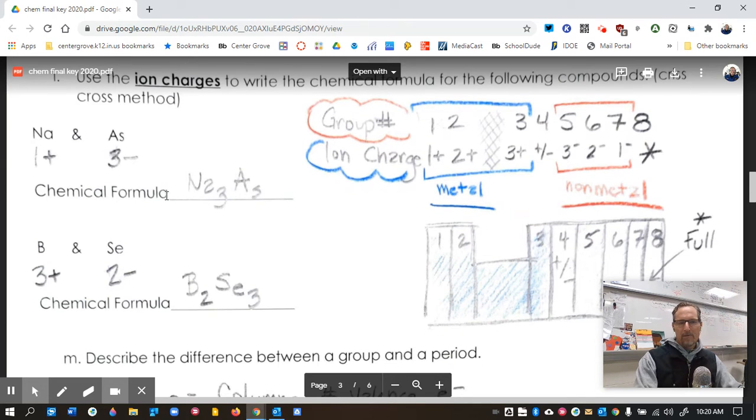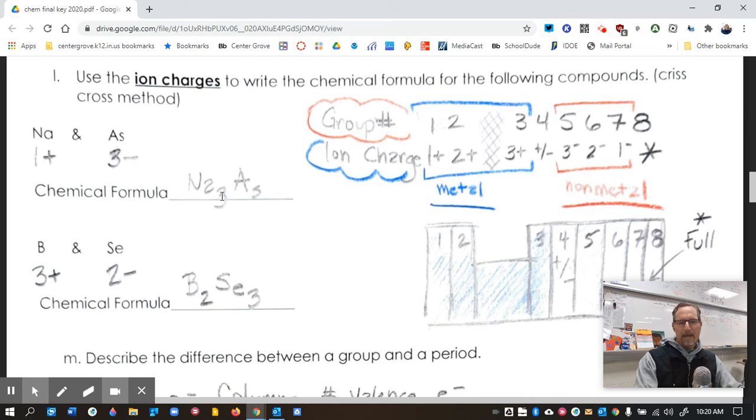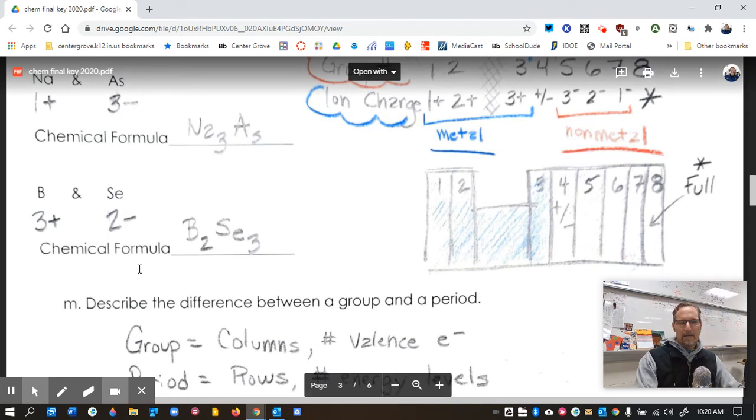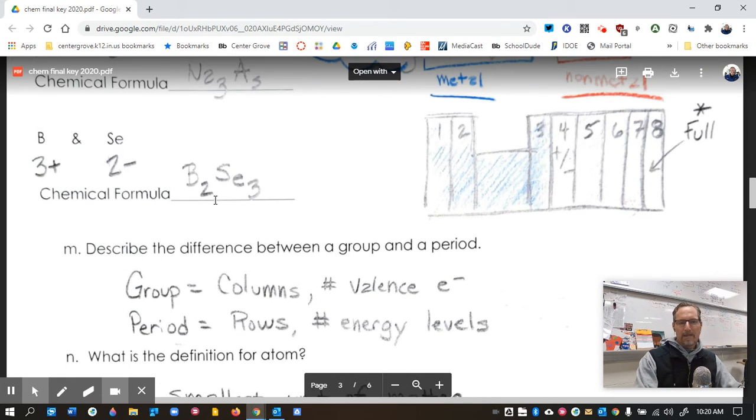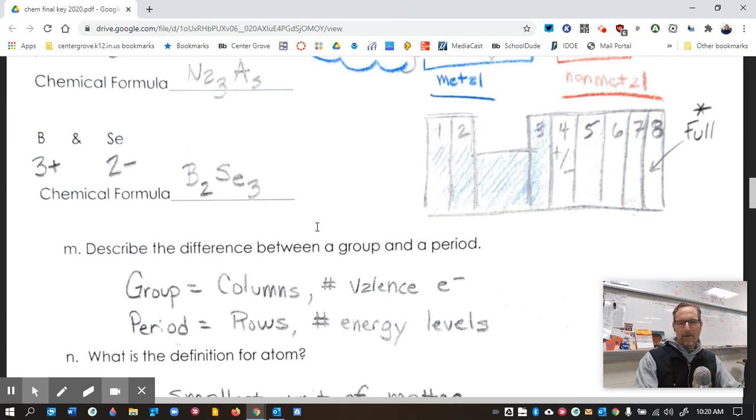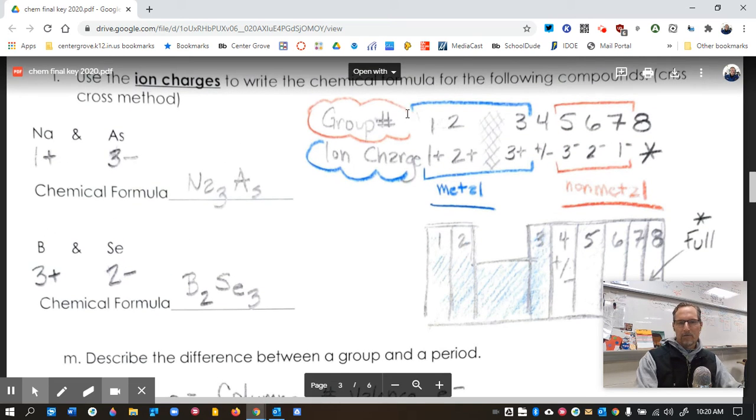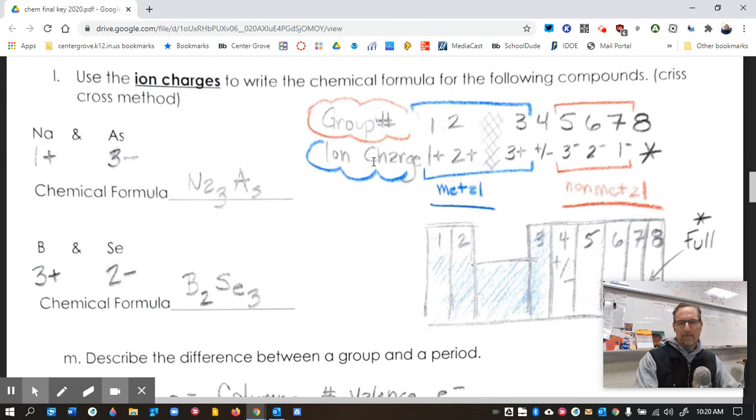So the chemical formula for this would be Na3As. And the chemical formula for this would be B2Se3, because remember, the group number is the easiest way to determine what the ionic charge of those is going to be.